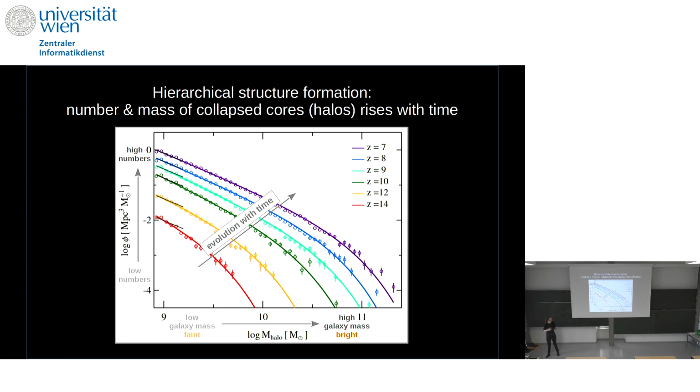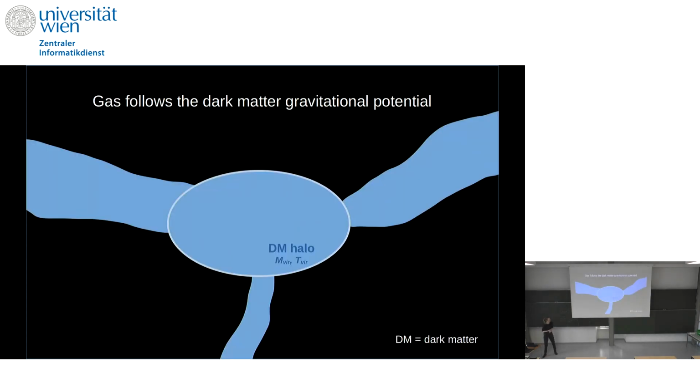So now we get an idea that if we have a dark matter halo, it grows in mass over time. So it accretes matter over time. But what does happen to the baryons? And so what you can imagine then, what it roughly looks like, I mean, this is just a sketch. You have this dark matter halo, and it's connected mostly to the filaments.